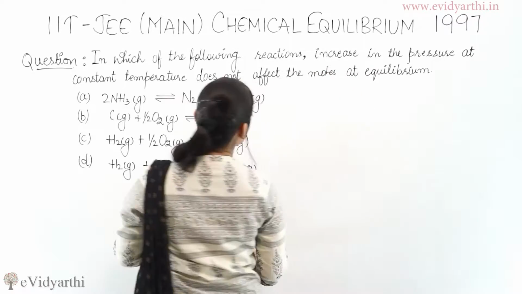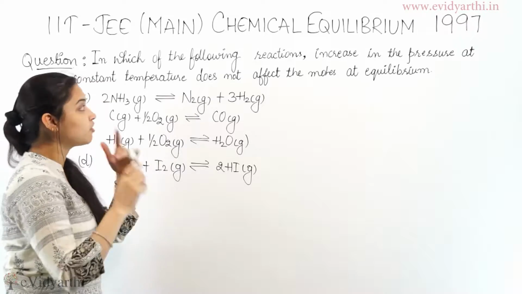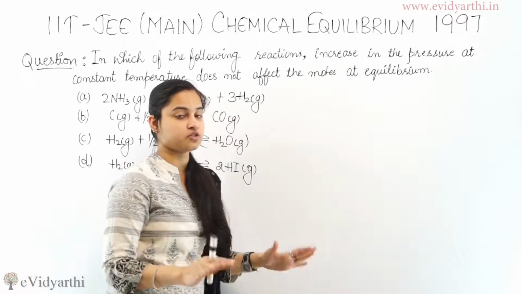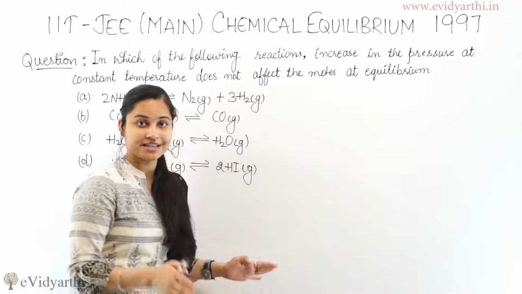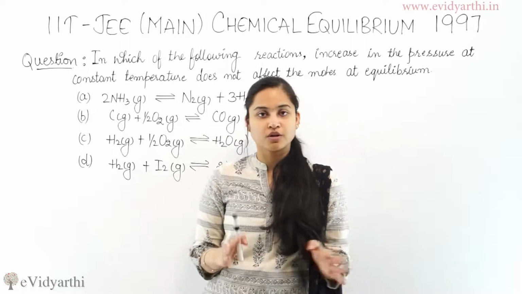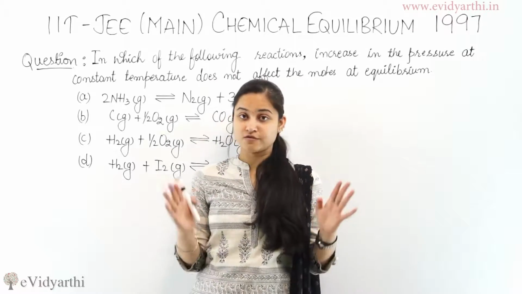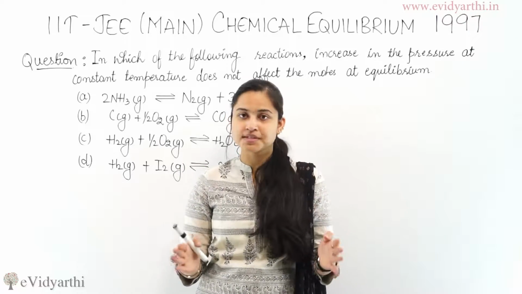In which of the following reactions increase in the pressure at constant temperature? Temperature is constant and we are increasing the pressure, will not affect the moles at equilibrium. Okay, so for this question the solution is we just have to find out the delta N. What is delta N?